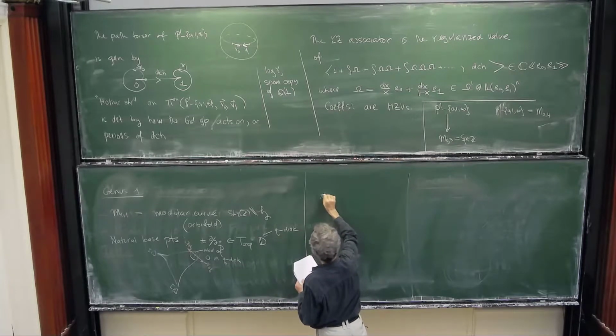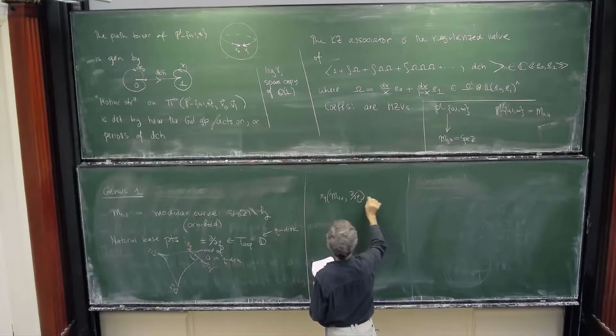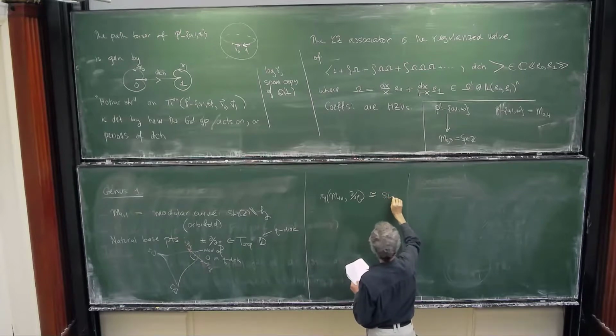So we'll look at pi 1 of M11, say with d/dq, is naturally isomorphic to SL2Z.